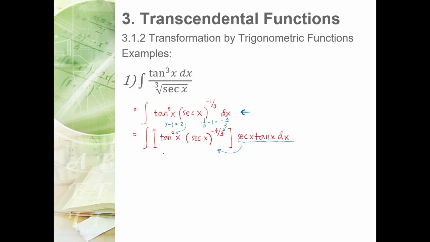We replace tangent squared with secant squared x minus 1, and then multiplied by secant x to the power of negative 4/3, and then secant x tangent x dx.